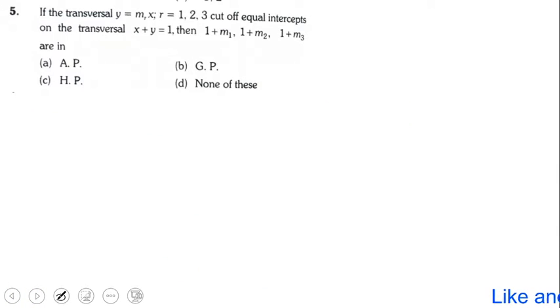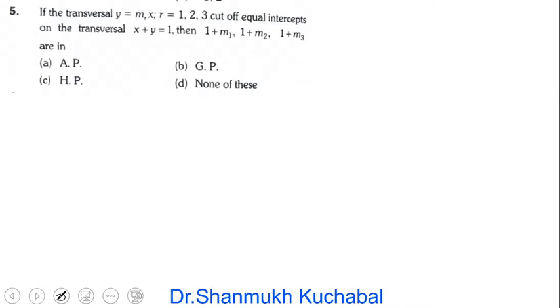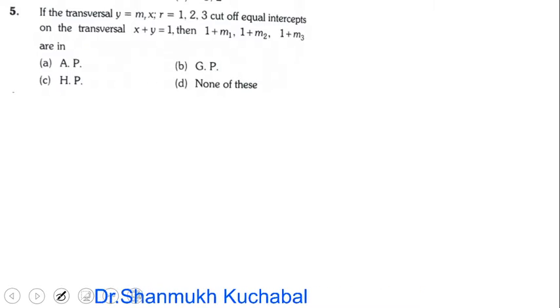Okay, we'll move to our next example. It is given that if the transversal y equal to m_r x, and r takes the values 1, 2, 3, cuts off equal intercepts on the transversal x plus y equal to 1, then 1 plus m1, 1 plus m2, 1 plus m3 are in arithmetic progression, geometric progression, or harmonic progression, or none of these.